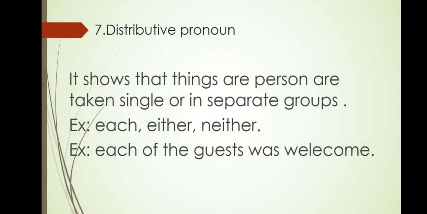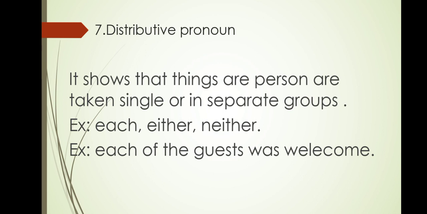The seventh type is the distributive pronoun. It shows that things or persons are taken singly or in separate groups. So, in this, which one? Distributive pronoun. You can take any person or things, but you can take them as single or in a group. For example, each one, that is single.